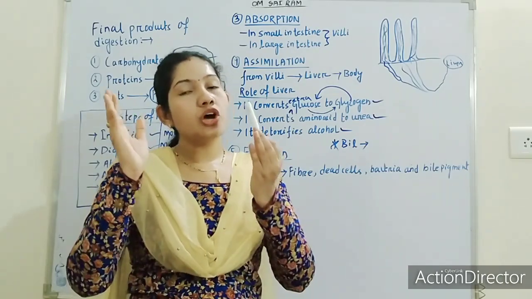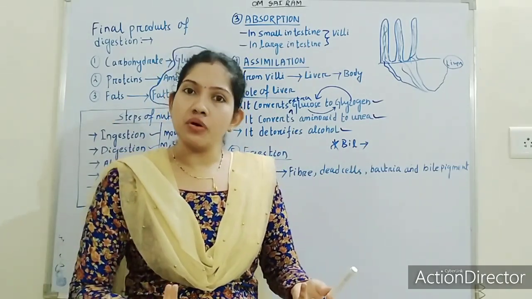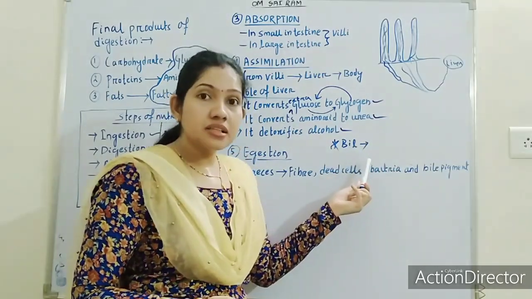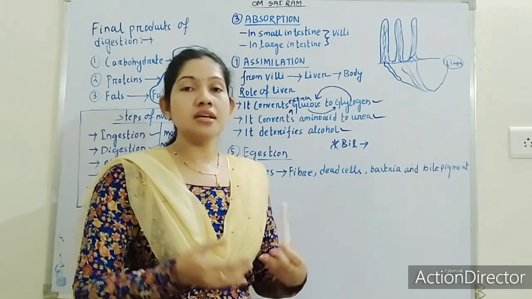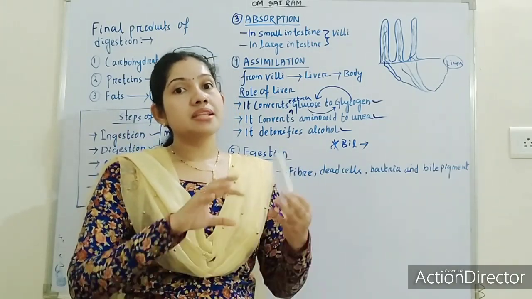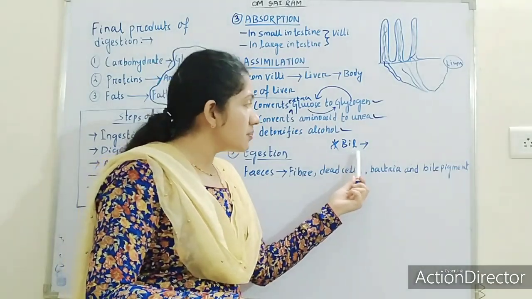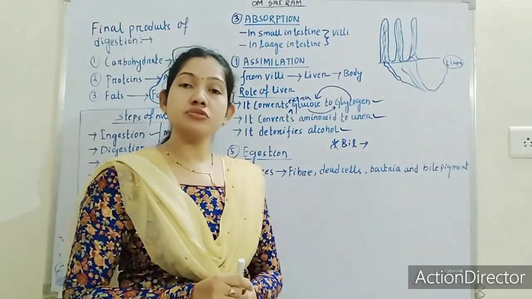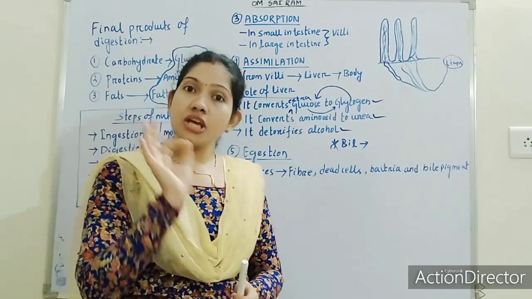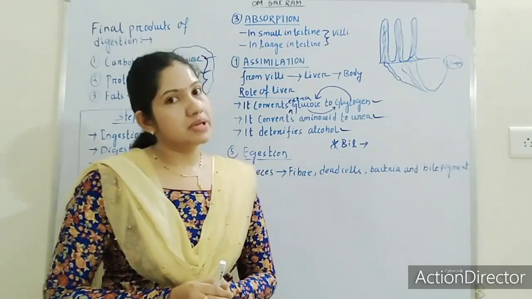After that, the old blood cells will die and new blood cells are formed. So bile is nothing but the dead red blood cells. Okay, the blood cells die in the liver and they form bile, and that bile is released in the feces. That's why the color of feces is yellow, due to the presence of the yellow bile pigment.